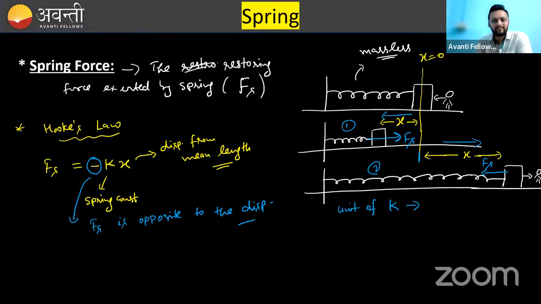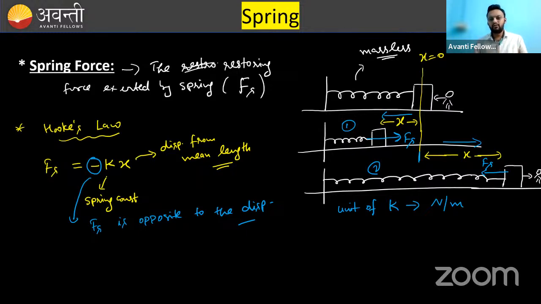You can. Newton per meter. Is everything sorted? To summarize, if you compress the spring, it will push you out. If you stretch the spring, it will pull you back. This is spring force. Done. Minus sign indicates that spring force is always opposite to the displacement.